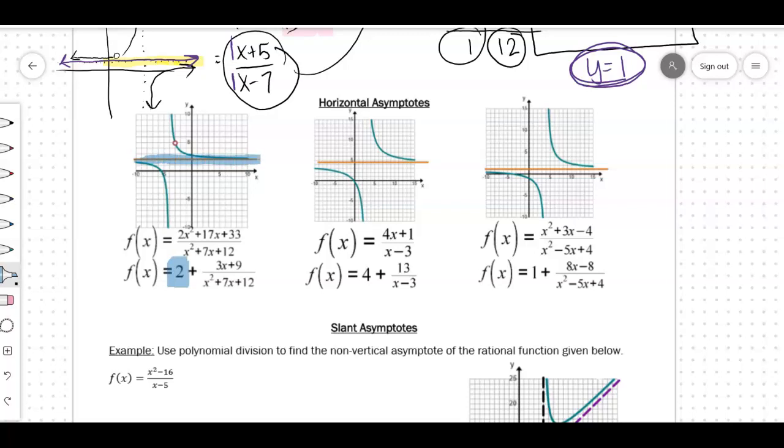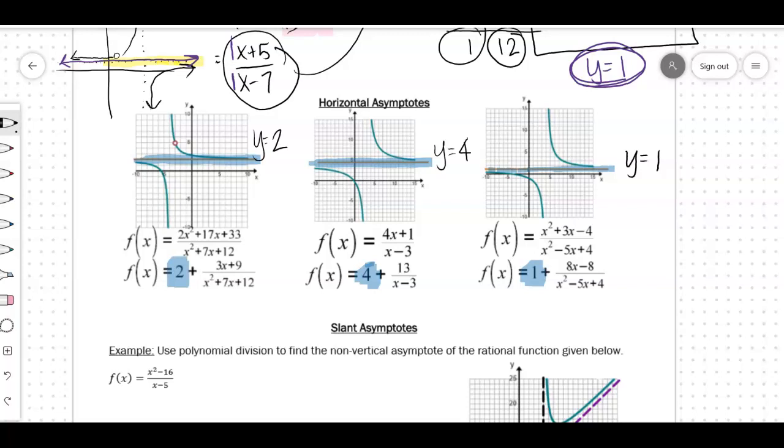Our horizontal asymptote would be at 2. After you divide these, we get 4. Horizontal asymptote's at 4. Improper form, mixed number form, polynomial part's at 1. Our horizontal asymptote would be at 1. Remember, asymptotes we write as equations of lines: y equals 1, y equals 4, y equals 2.